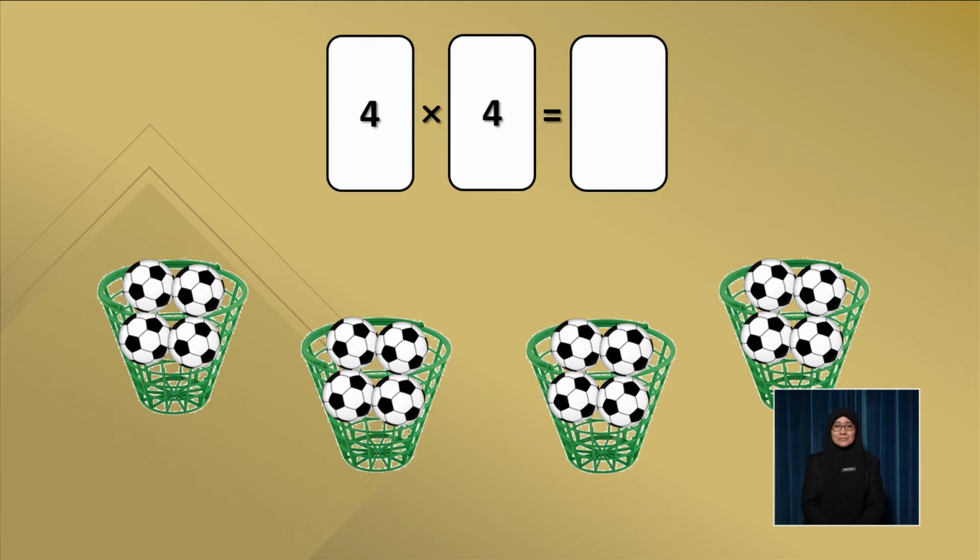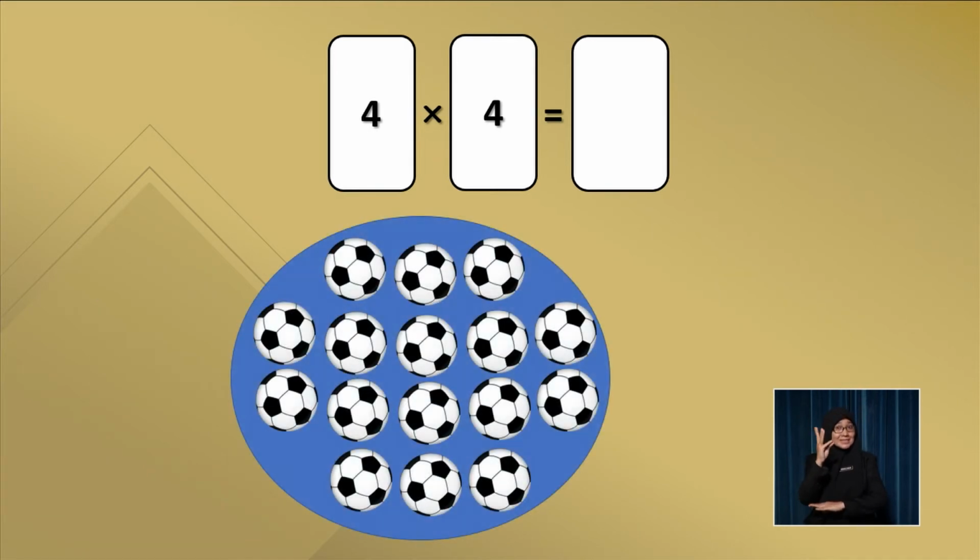Let's count them together. 1, 2, 3, 4, 5, 6, 7, 8, 9, 10, 11, 12, 13, 14, 15, 16. There are 16 balls altogether. You are really smart.